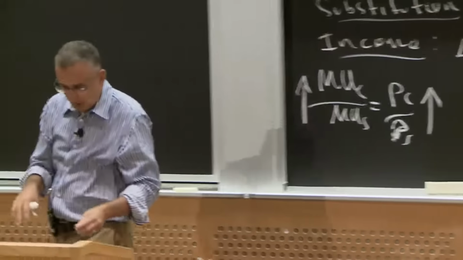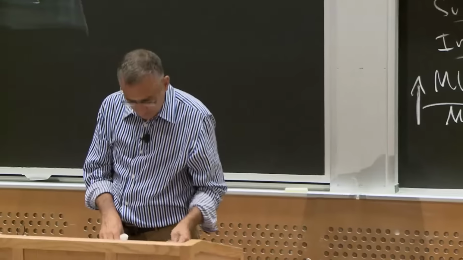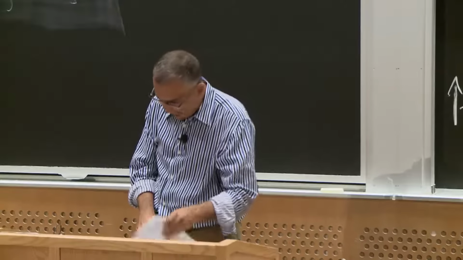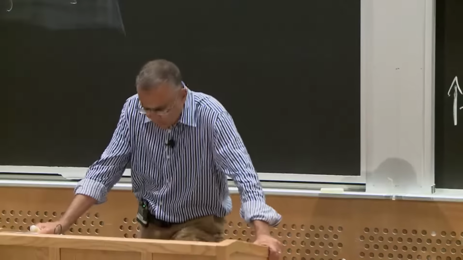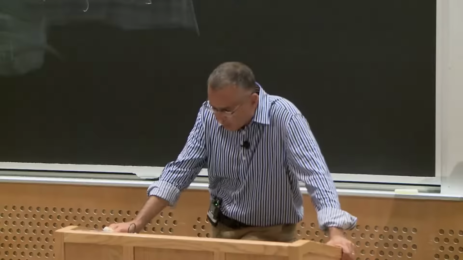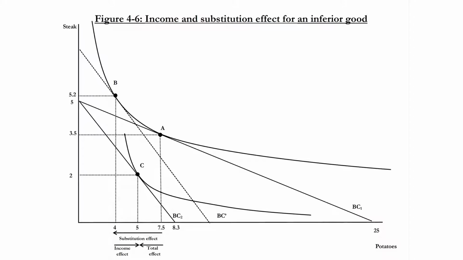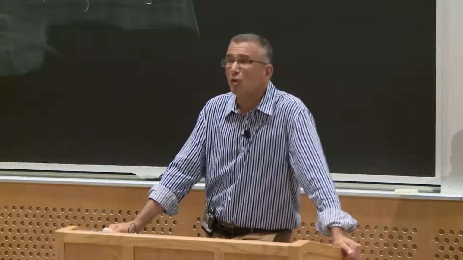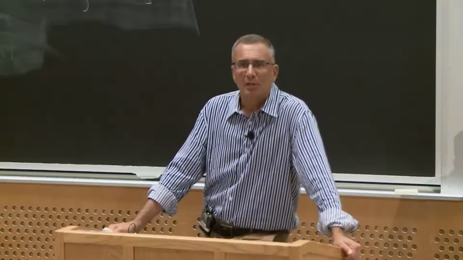This is pretty confusing, so I find it's useful to actually think about it. Well, let's actually rush through figure 4.6. Let's start with what figure 4.6 is, because it's not this. I rushed through figure 4.6. Let's go back. Figure 4.6 is no longer pizza and cookies. Figure 4.6 is now steak and potatoes. Okay, because pizza and cookies are both normal goods. Potatoes is the classic inferior good.